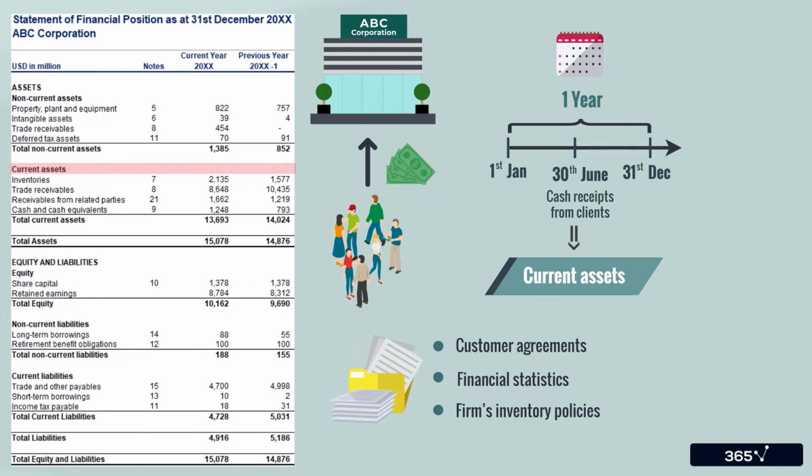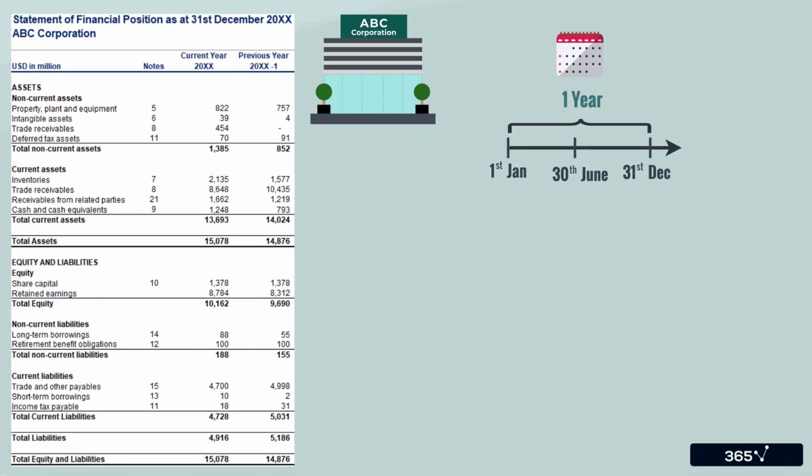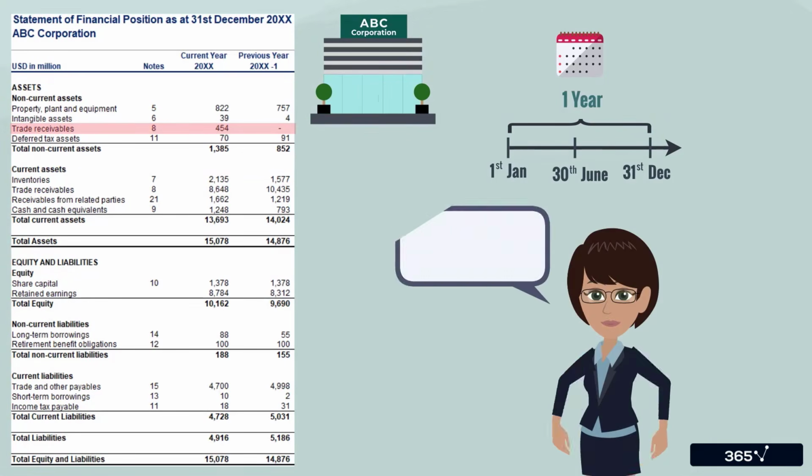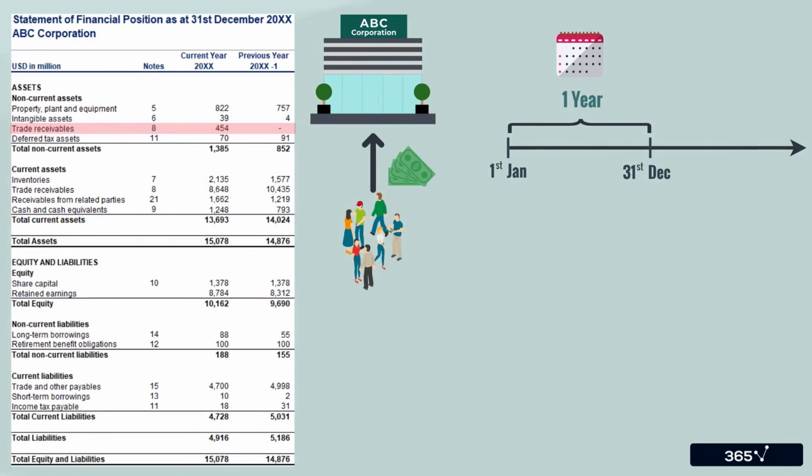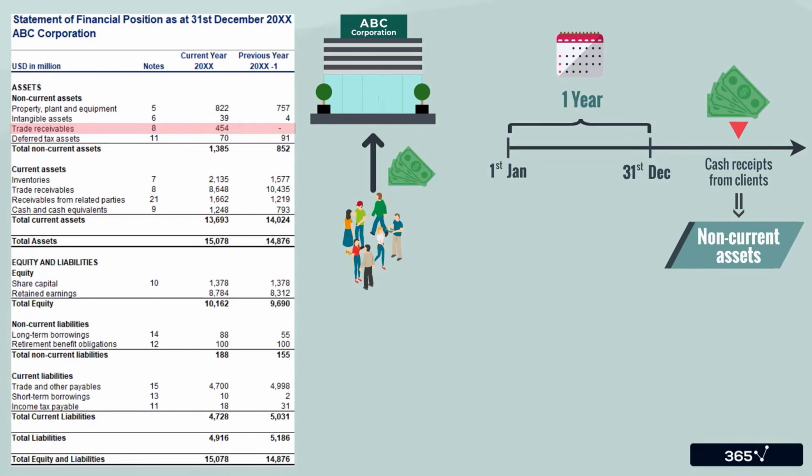So far, so good. Did you notice that we may also need to include a trade receivables line in the non-current assets section? Why is that? That's right. Some receivables may be overdue or may be scheduled for receipt later than 31st of December next year, and that's longer than the 1-year threshold.